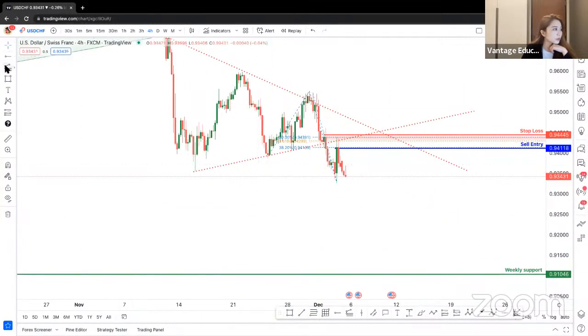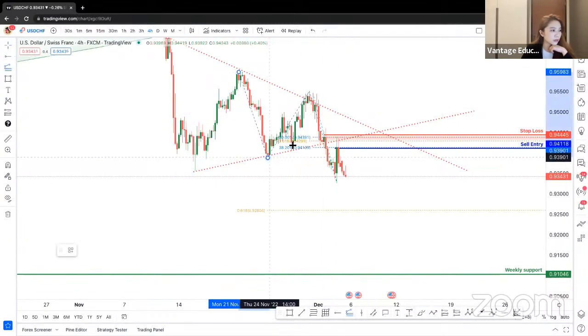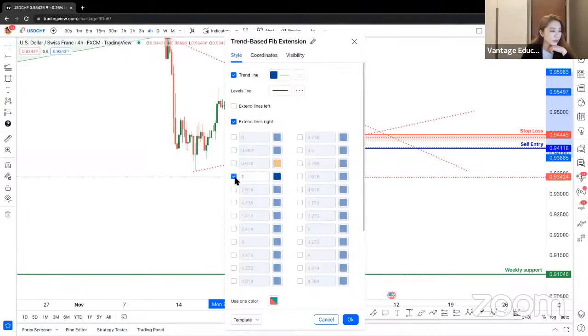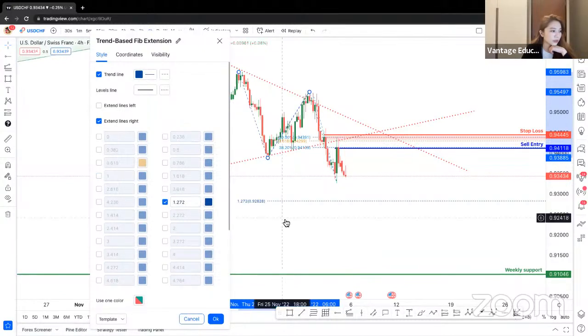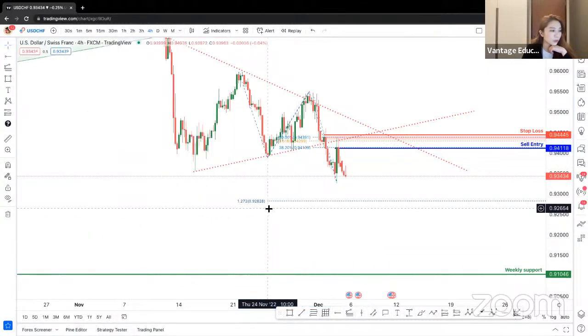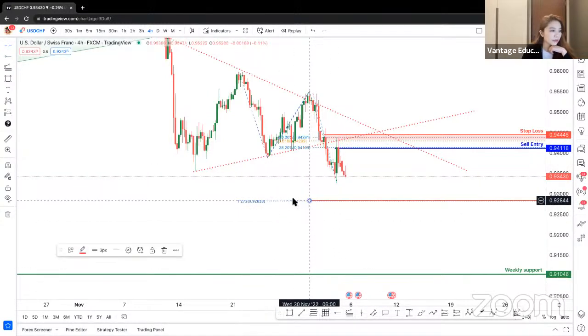Then we are also looking at another Fibonacci projection to see where we can put our take profit. So 100% is at the current price now. We can look at a further down level of 127.2.